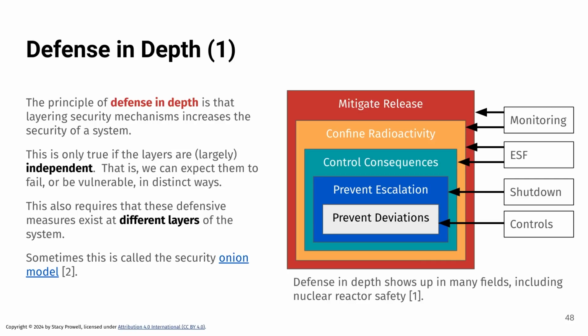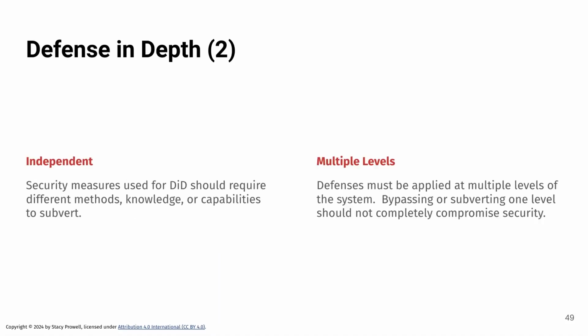And we'll see a possibly more extreme example of this when we look at some of the more advanced models of security. This is sometimes called the security onion model because it's like an onion. Like ogres have layers, security can have layers. So, two things for defense in depth that you should keep in mind.